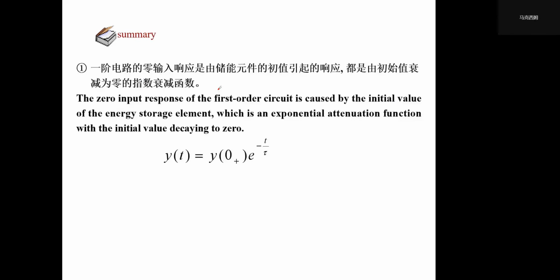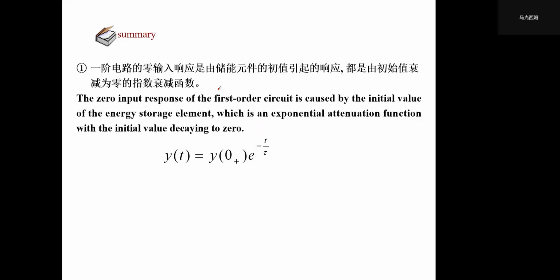So let's sum it up. The zero input response of the first order circuit is caused by the initial value of the energy storage element. So zero input response is the response to the residual energy stored in the energy storage component.